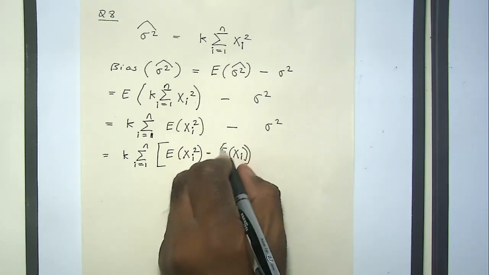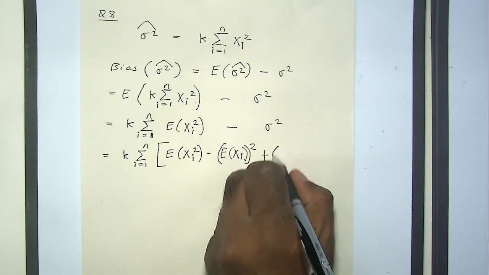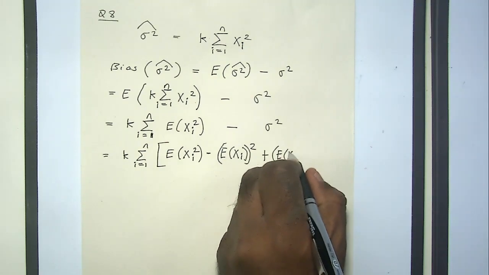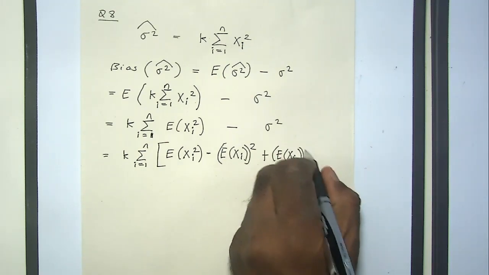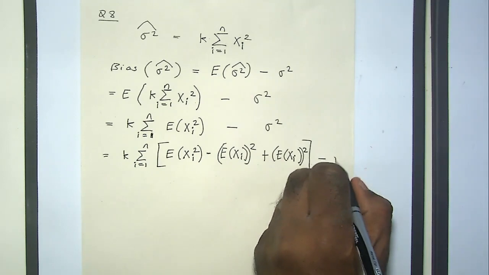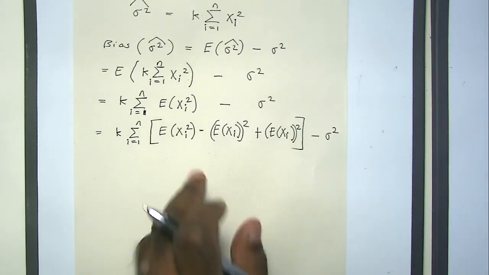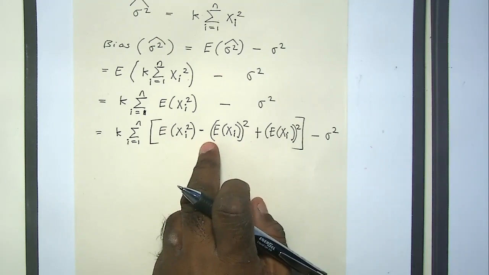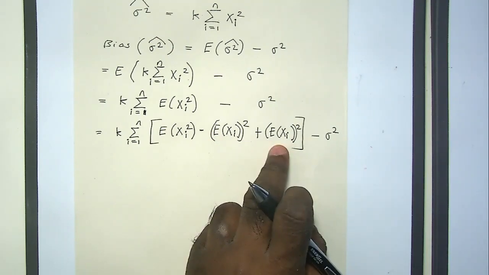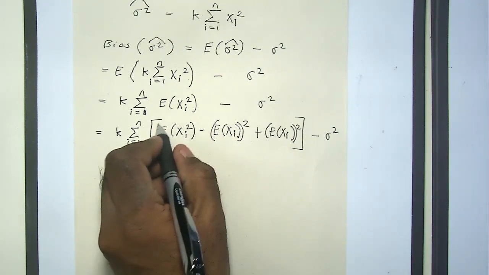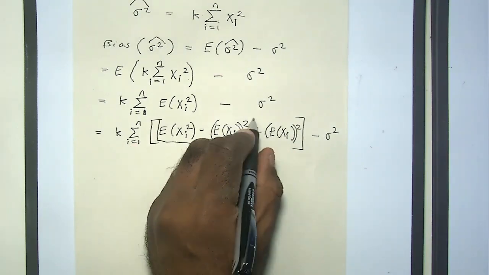You will see in a minute why I am doing this. You see what I've done? I have subtracted this term and added this term, so I haven't changed anything. All right. Now, what can you say about this, guys?